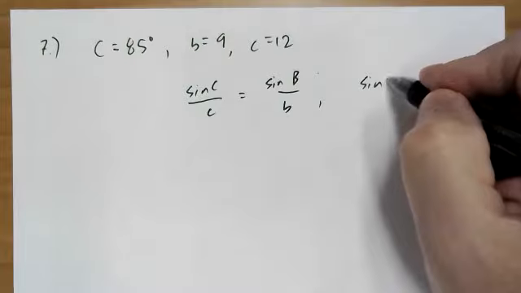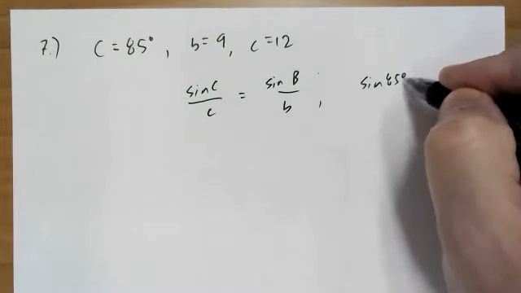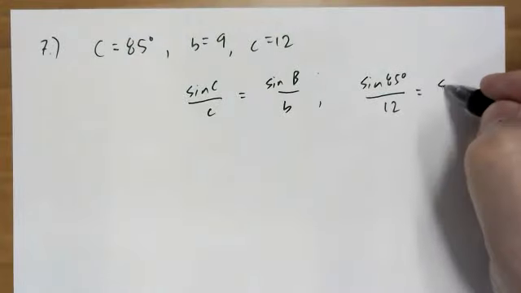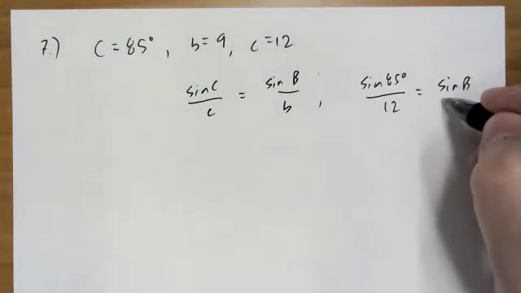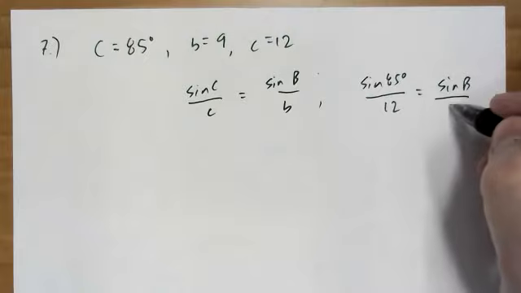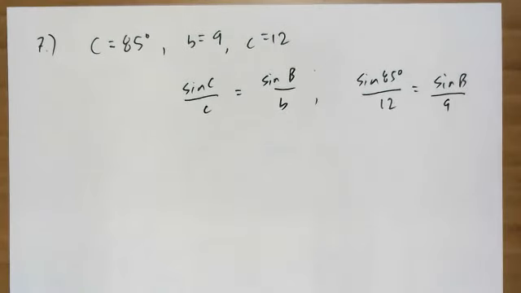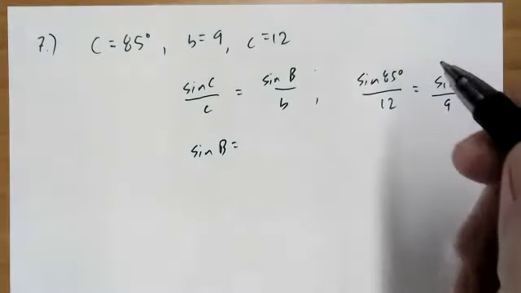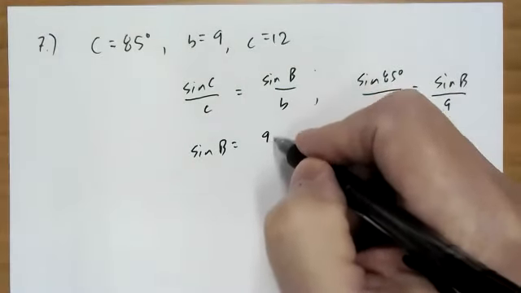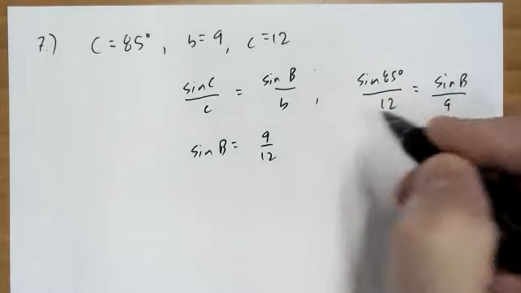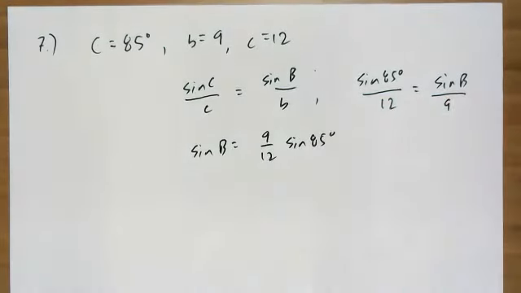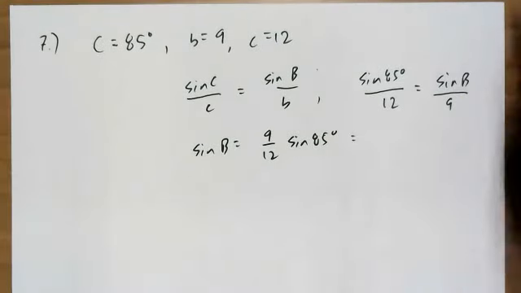If I plug in all my numbers here, then I'm able to eventually find angle B. So the sine of angle B is going to be 9 over 12 times the sine of 85 degrees.